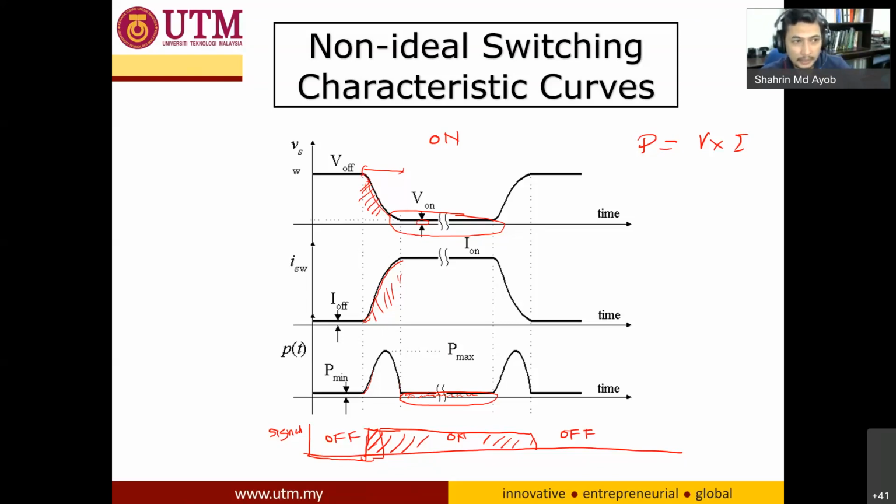But in the market you cannot get that ideal characteristic, because every material, every semiconductor, has some internal resistance. Due to that internal resistance, there must be some voltage drop during the on state. So that's why in every state, during off, on, or the transition, you have losses.